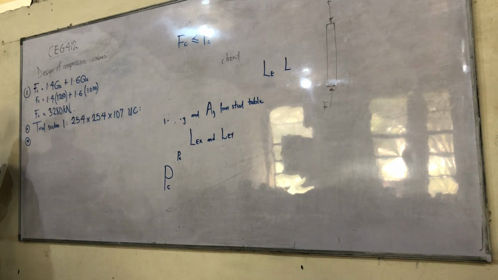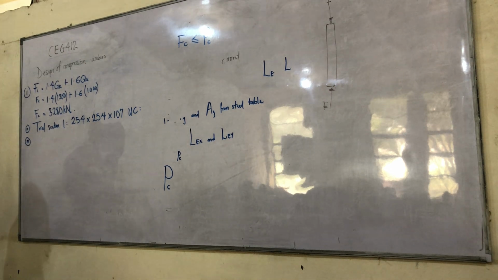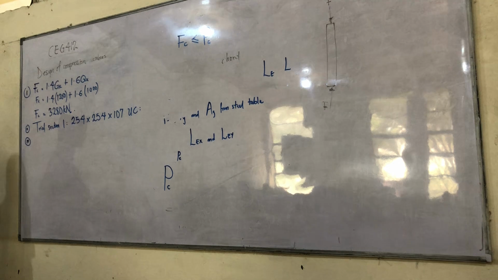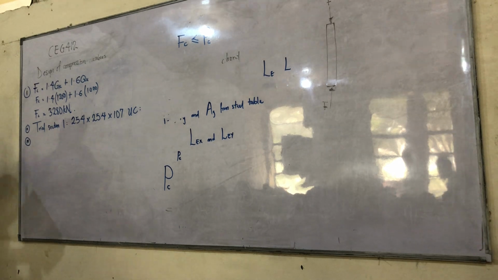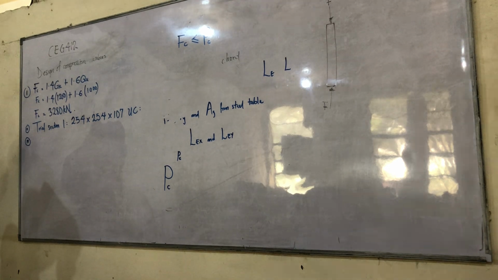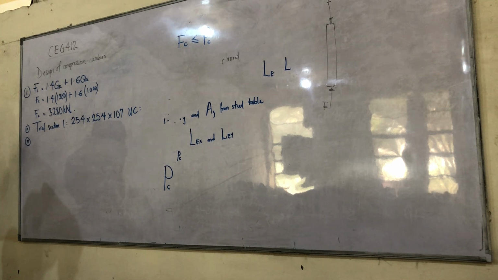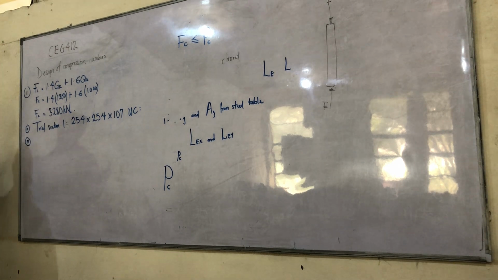What's Rx? 6.59. What's Rx? 11.3. Why are you telling me 6 point? I thought you said Ry. 254 by 25. Don't worry, let me check it. 11.3, yeah.